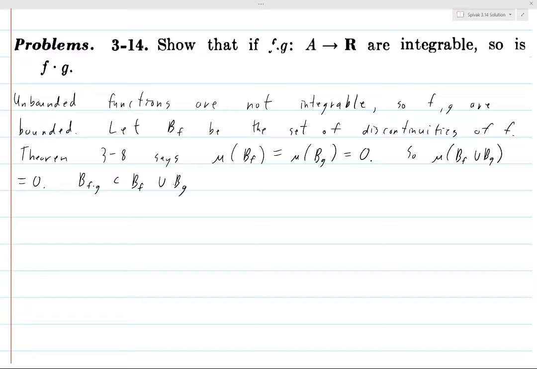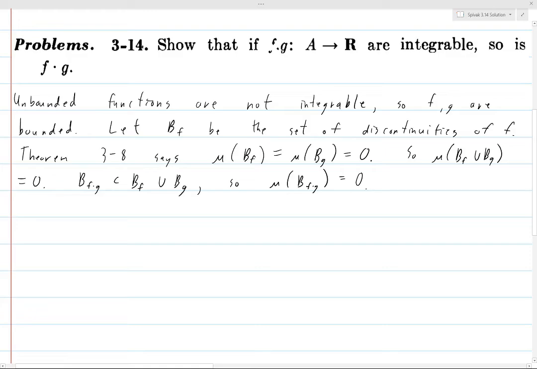For f times g to be discontinuous at a point, either f or g needs to be discontinuous there, or is inclusive or, so possibly both. Okay. And so this is a subset of a set of measure 0, and so that means that it has measure 0. So the measure of Bfg equals 0.